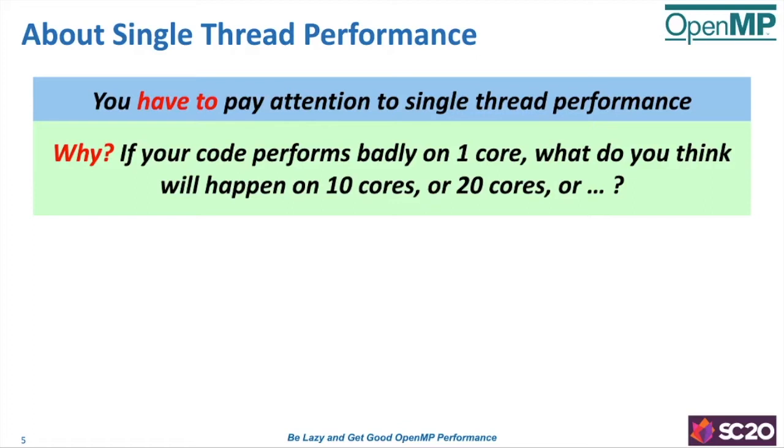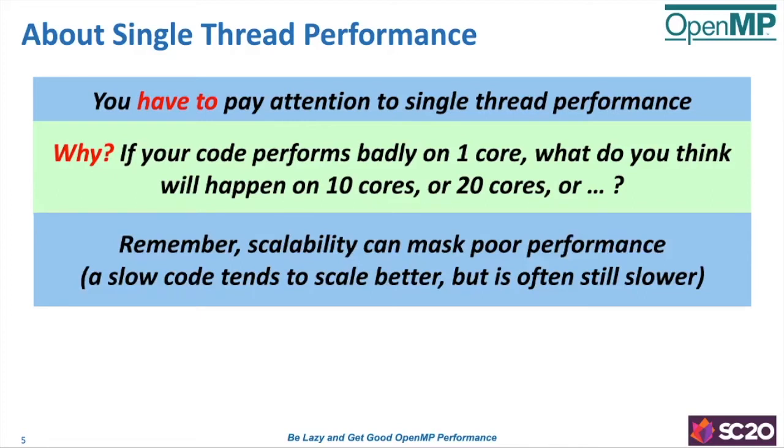You're not using the memory system and the caches in the right way. Well, when you multiply that with 10, say, so you're running on 10 cores, that will just get worse. You put a lot of burden onto your system interconnect, and your code will stop scaling much sooner than needed. So again, don't forget about single thread performance.